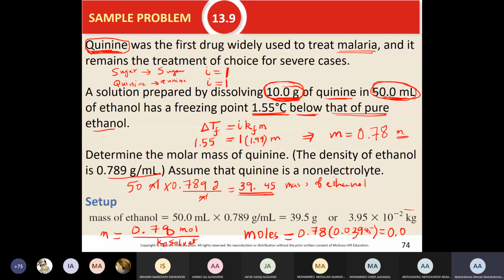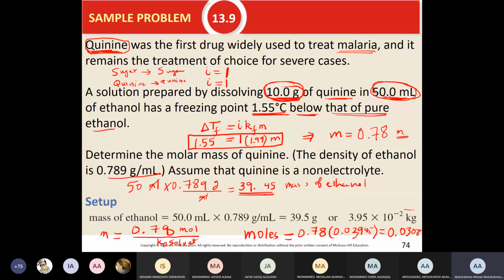How did we get the molality 0.78? From this equation. Okay, so the number of moles here is actually 0.0308.